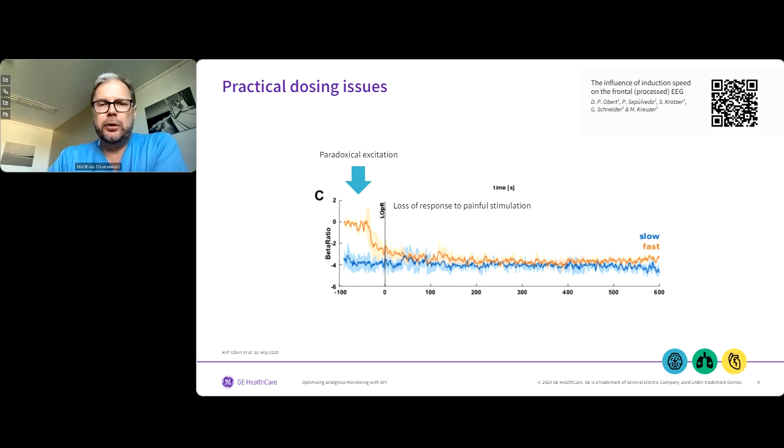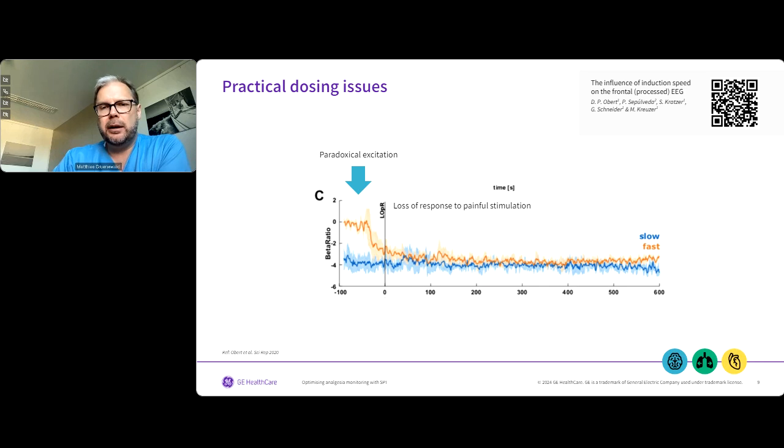Here I show you a case that has been published a couple of years ago, just showing you that our anesthetic practice has different physiological effects. Here we see patients with different induction speed of propofol. The red line shows what happens mainly probably in all our clinical practice.